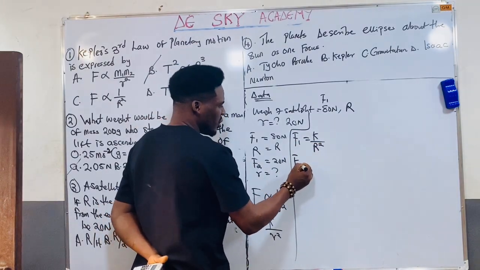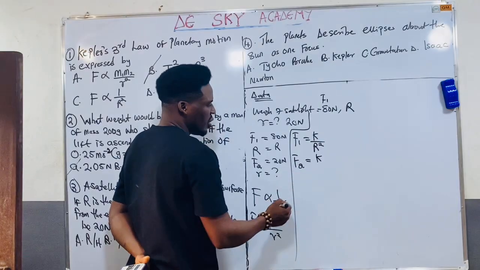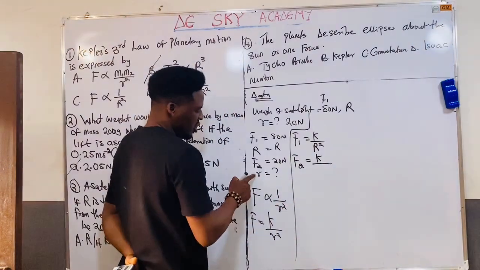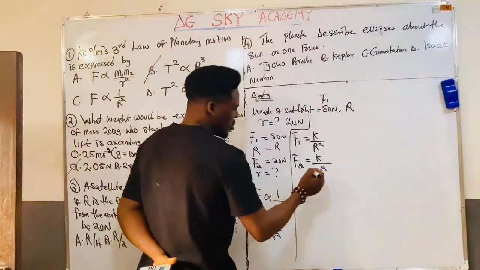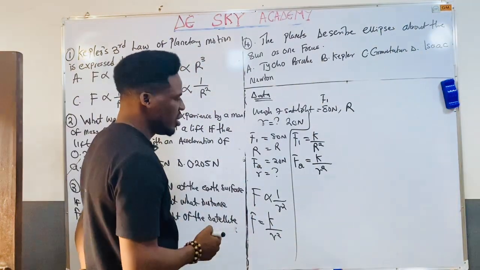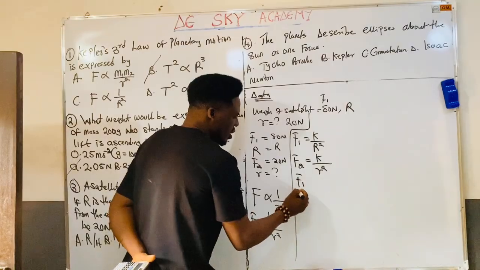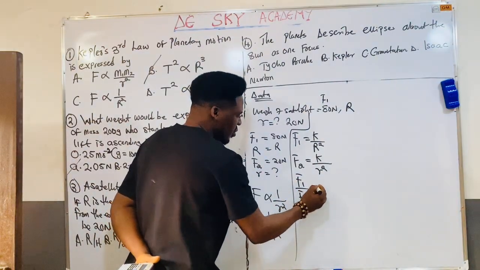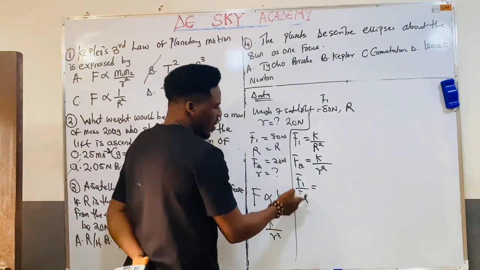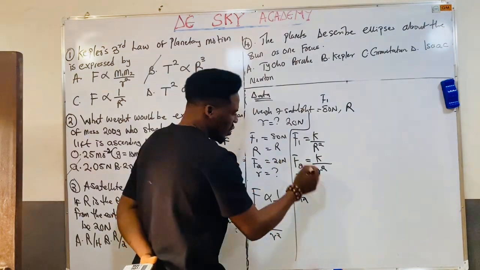Then F2 will now be K all over what will be the radius? Small r, which is actually what we are looking for. So F1 divided by F2. What is F1 divided by F2? What is F1?